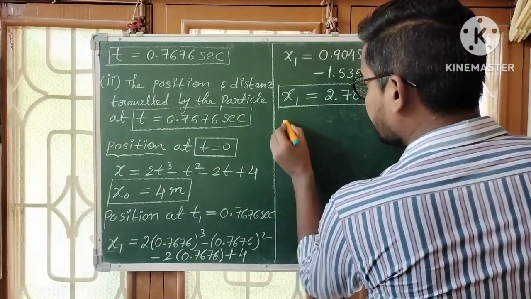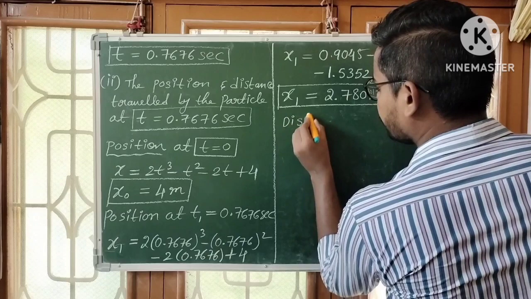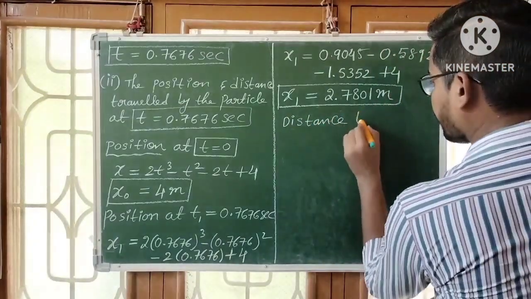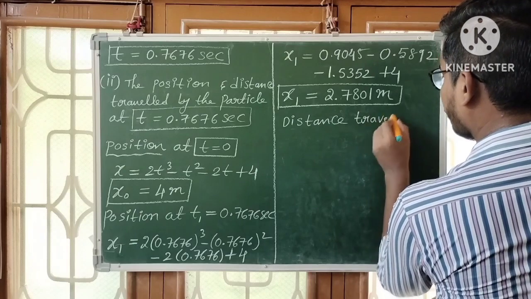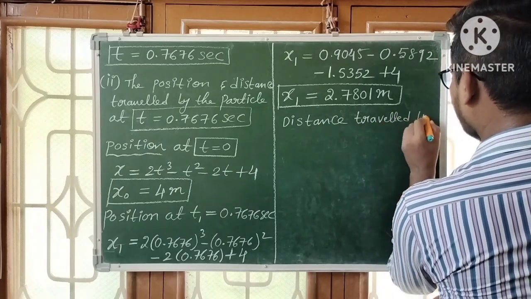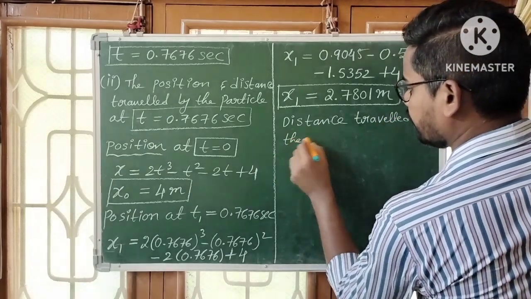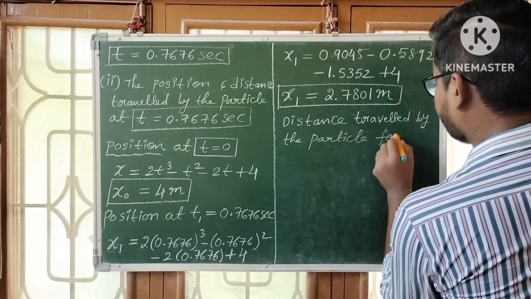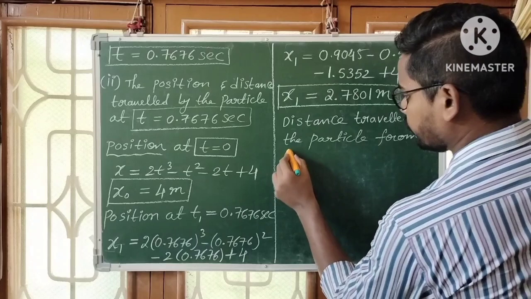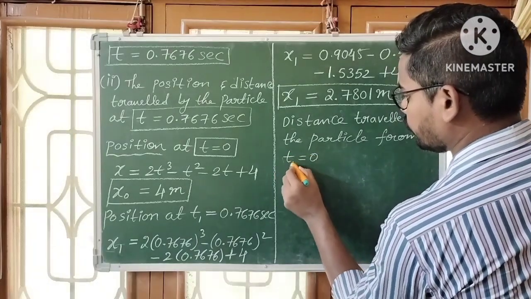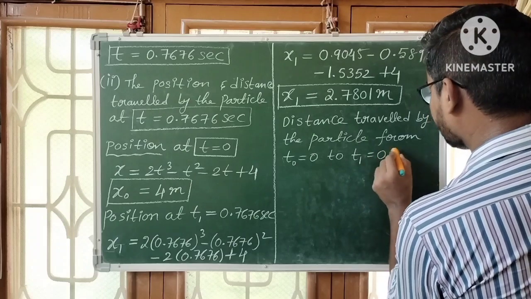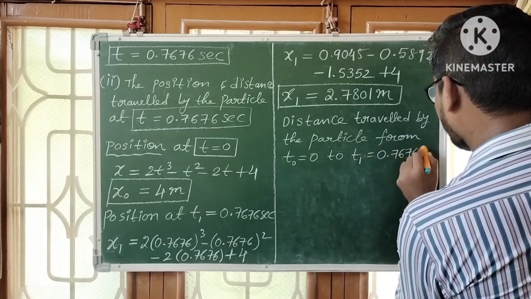Next, we need the distance travelled by the particle. So the distance travelled by the particle at that time means the distance travelled from t naught is equal to 0 to t1 is equal to 0.7676 seconds.